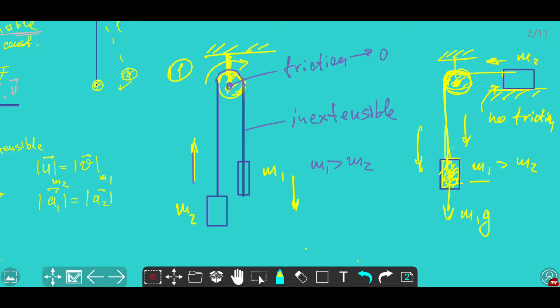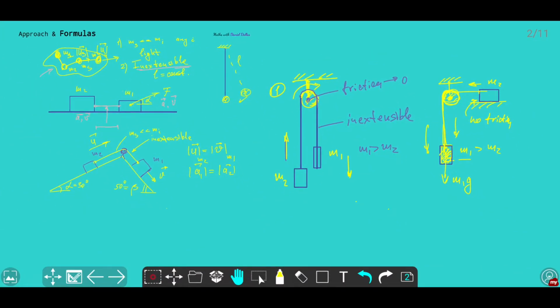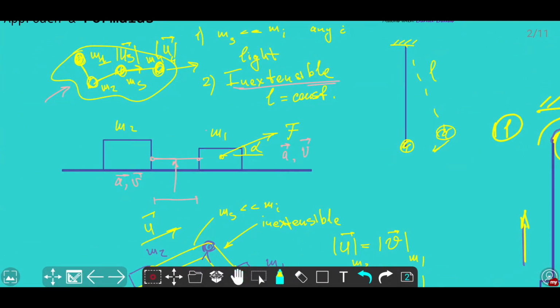All right, I think that's enough in terms of what connected particles are and the approach. I may say only that, for example, in case 1, we have two objects m2 and m1 connected by a string, and you apply some force to the first body.